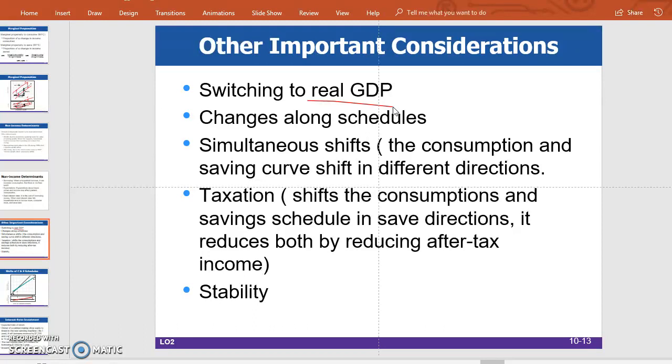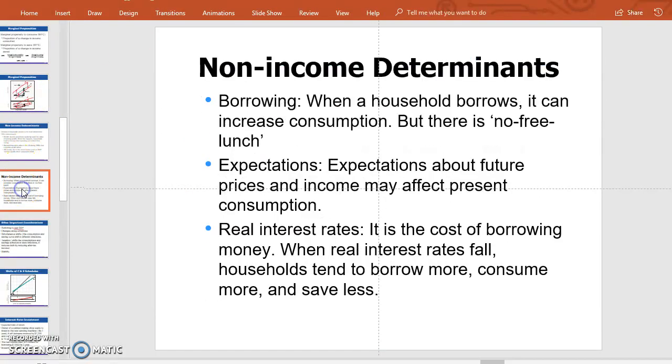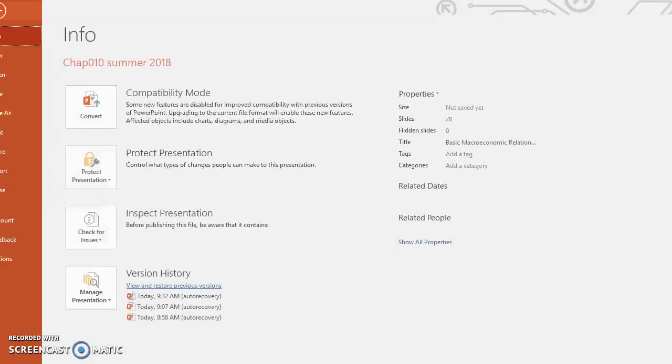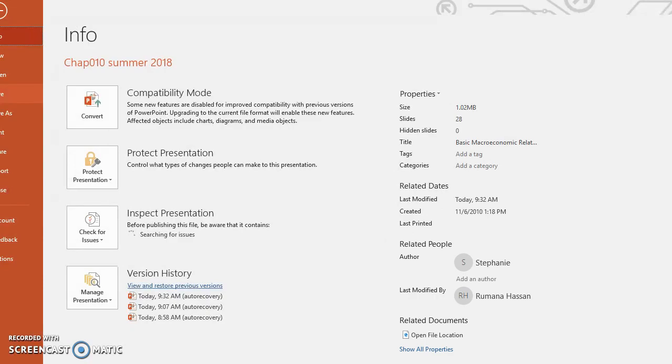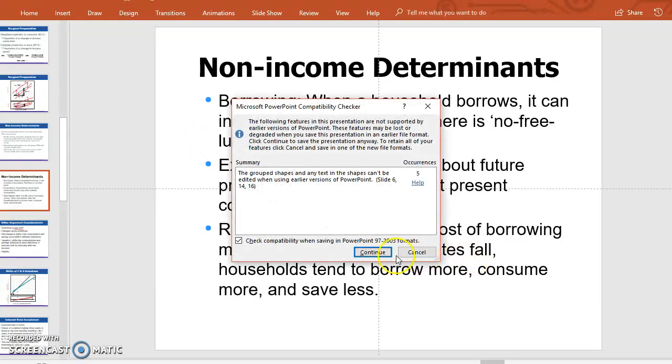So if income increases, consumption will increase. But if any of the non-income determinants change, like wealth, interest rate, expectations, then the entire savings and consumption curve will shift. It will shift up or down, right?